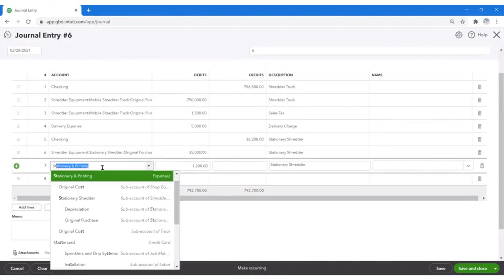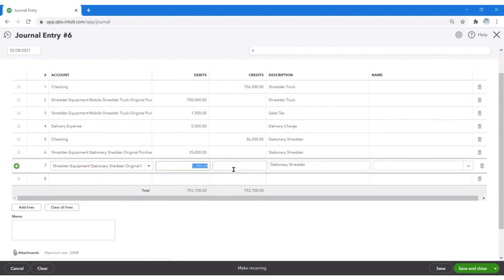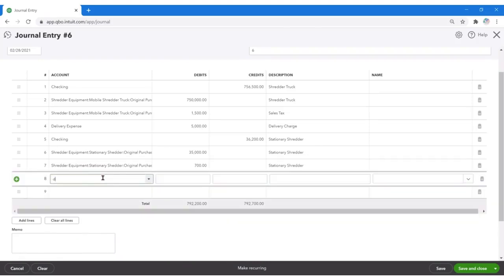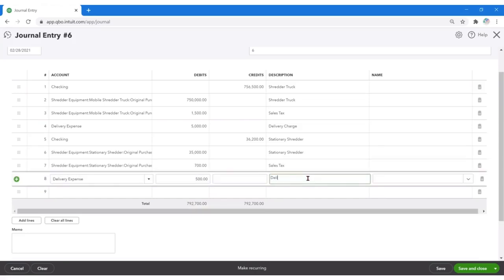There we go. Stationary shredder, original purchase, and we're going to do the $700 in taxes, capitalize that as part of the asset, and then delivery charge, and that was $500. Here, I'm going to change this to sales tax and change this description to delivery charge.